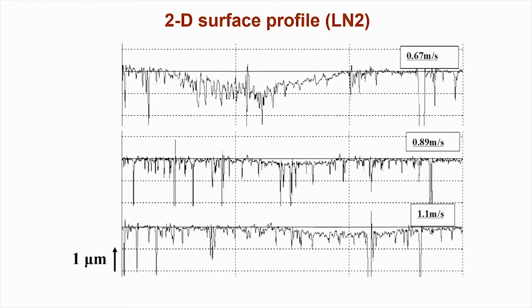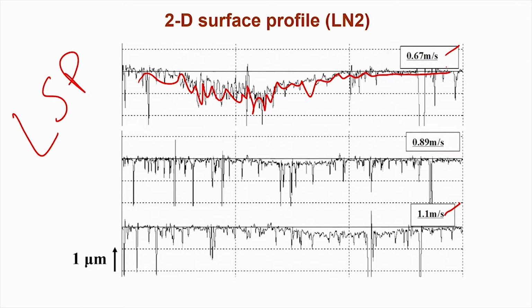Now, these are the typical 2D surface profiles that we have measured in the laser surface profilometer. LSP stands for laser surface profilometer. So, you have sliding speeds from 0.67 meter per second to 1.1 meter per second, and you can see very clear sharp peaks and valleys in the 2D surface profile.